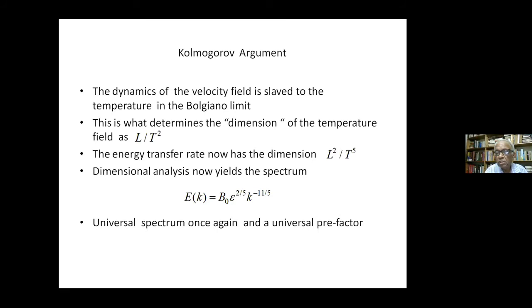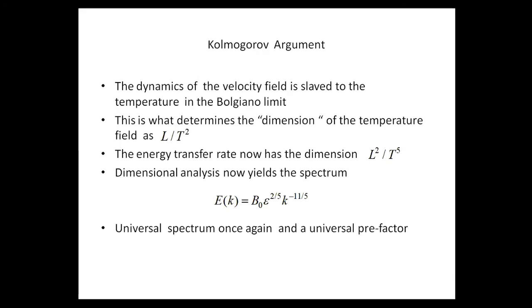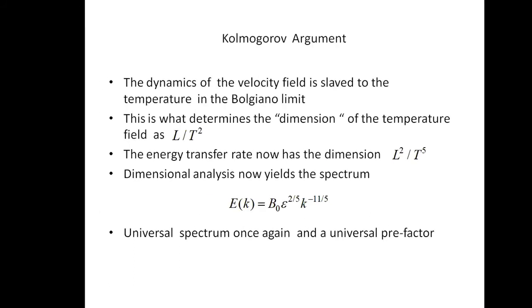So this is what determines now the dimension. So I want to do a Kolmogorov argument. How would I do it? What determines the dimension? The question is, what is the dimension of the temperature? The dimension of the temperature is determined by its tagging, it being slave to the velocity. The U dot is the thermal fluctuation.